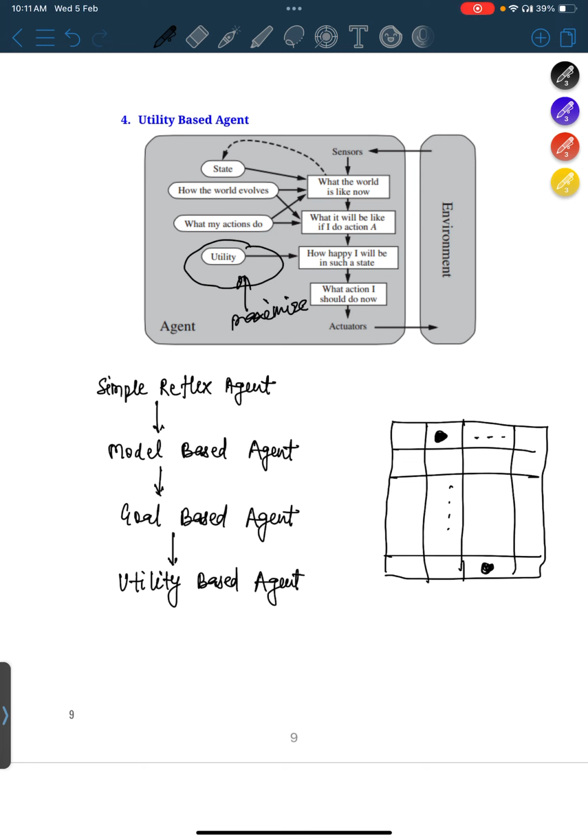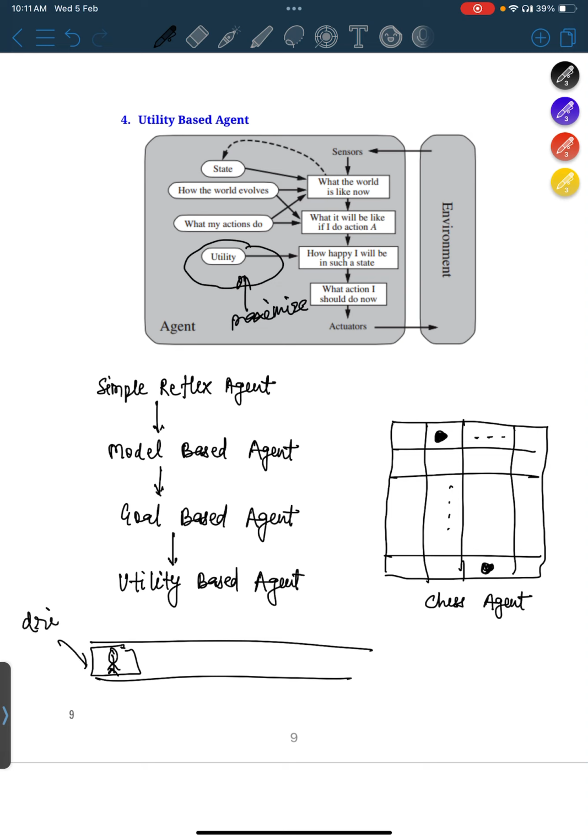For example, there is this chess agent, and then I can think of a driving agent which is driving a vehicle, or you might find some other agent, some other system. So how can I differentiate between these?